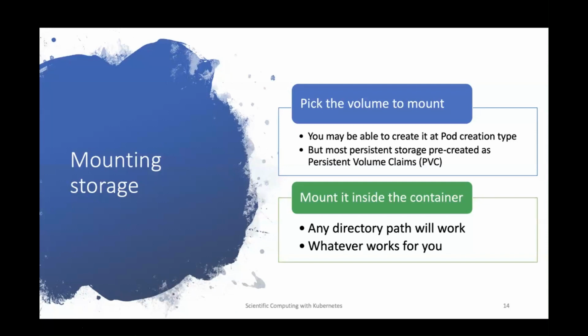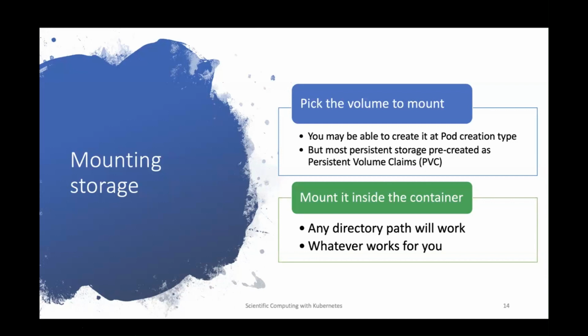It's really easy in Kubernetes for the system administrator to allow users to have their own areas that are completely independent of all the other users in the system. It may even be self-serve, but eventually you will end up with something called a persistent volume claim, which is the area you would want to use. And then you can mount it inside the container at any location you want.